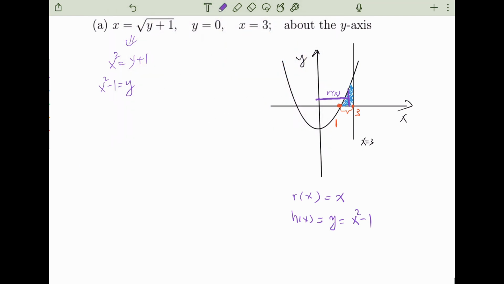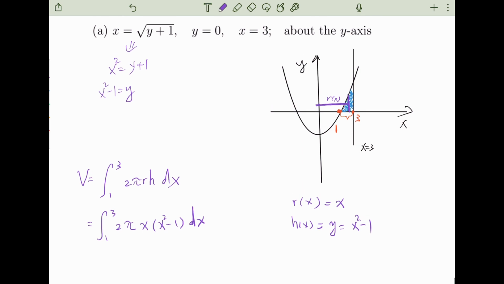Now we can write out the integration from 1 to 3 of 2 pi r h dx, which is 2 pi. r is our x and h is our x squared minus 1 dx. And it's obvious, right? Not very difficult.